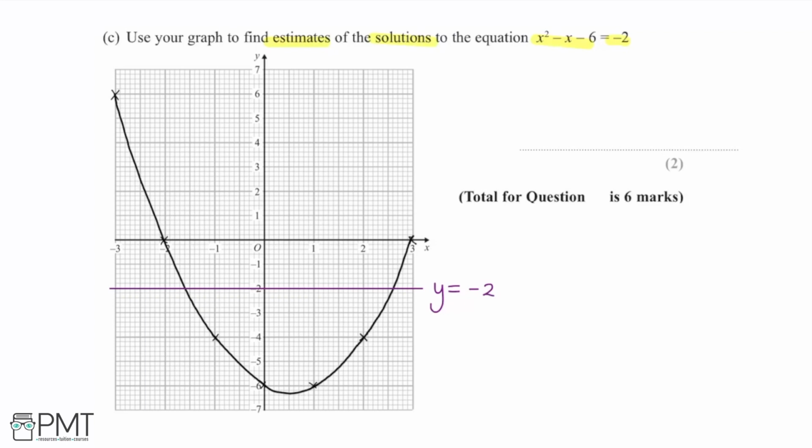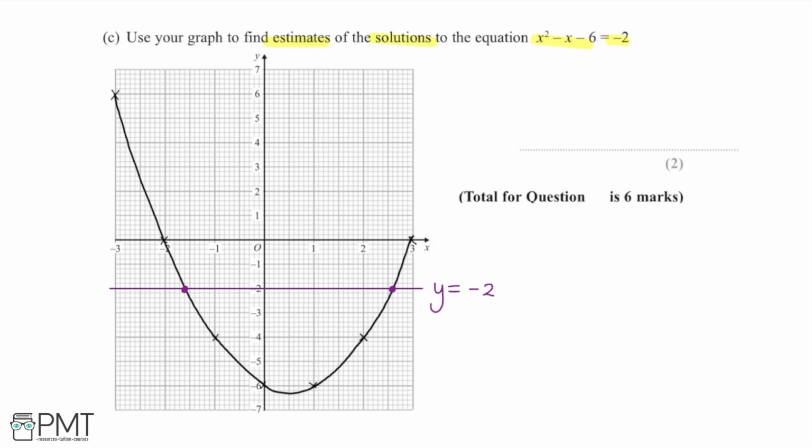Now if we look at where it intersects the curve, we have a point here and a point here. So it intersects the curve twice. And we would kind of expect that because it's said to find the estimates of the solutions, plural, and we're working with a quadratic here.